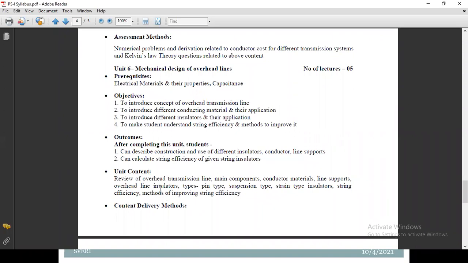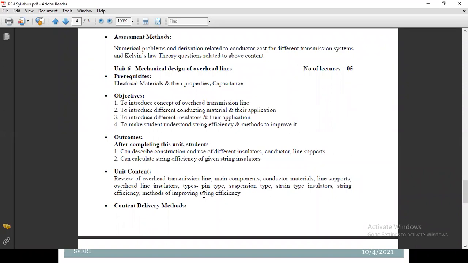Next, which are the different overhead line insulators? In that we are going to study pin type insulator, suspension type insulator, and strain type insulator, by taking the reference of the overhead transmission line.